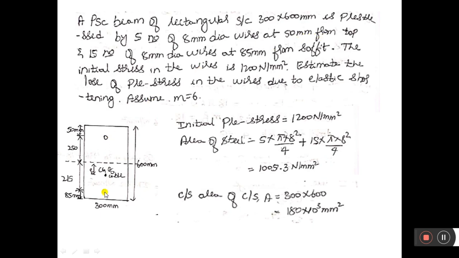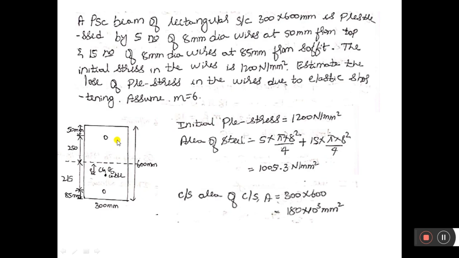This is the cable which is located at a distance of 85 from the soffit. So in the question they have given the initial prestress which is imparted into the cable. The initial prestress is equal to 1200 Newton per square mm.